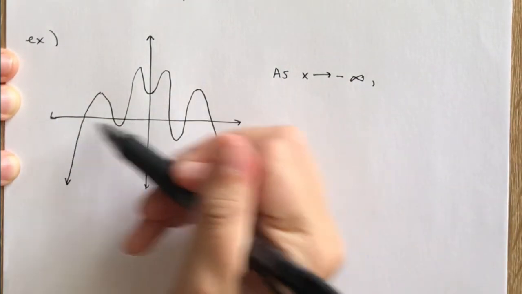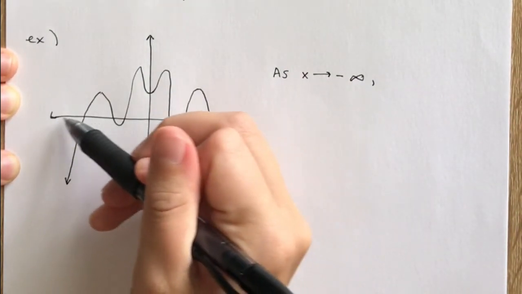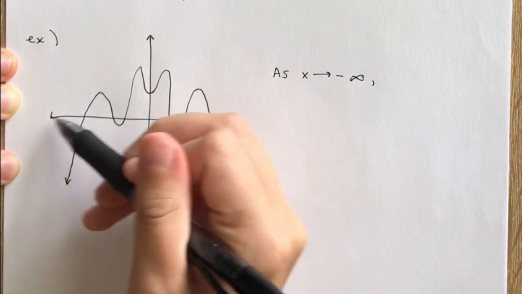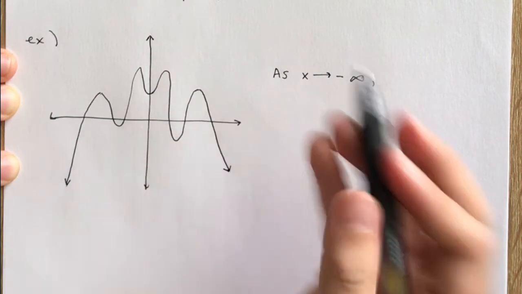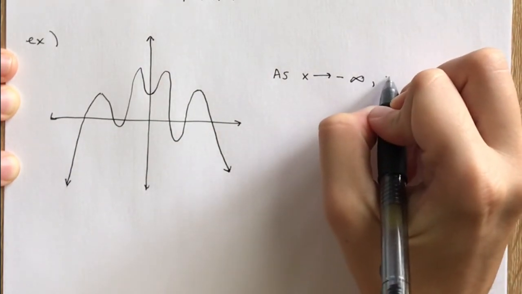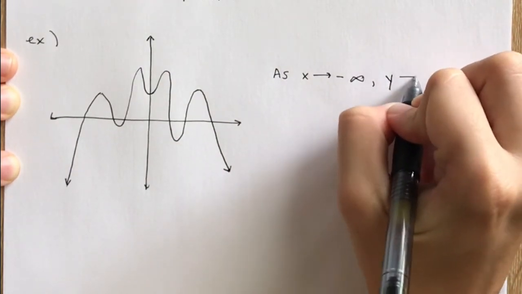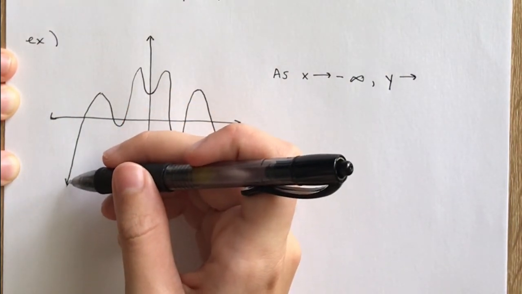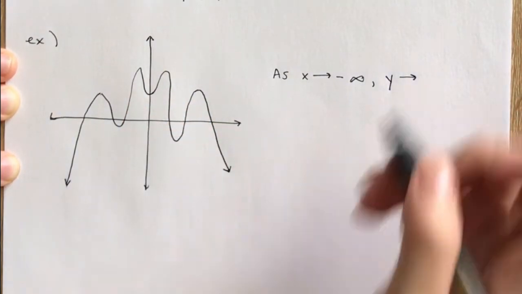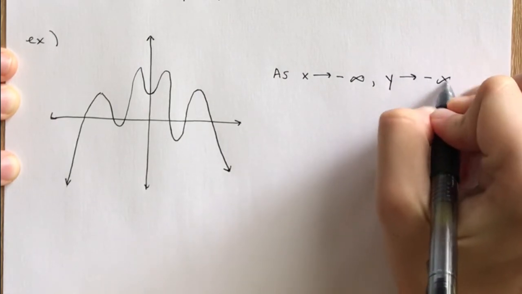So as we move off the graph to the left, as our x values are getting larger in the negative direction, our y values are approaching, let's use y this time. Where are the y values going? To negative infinity.